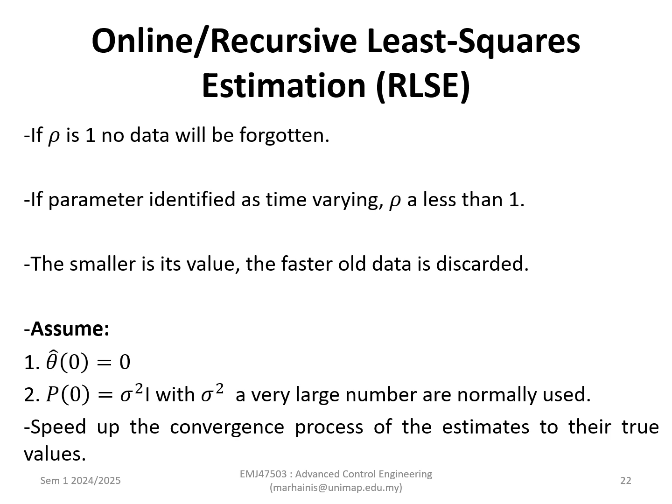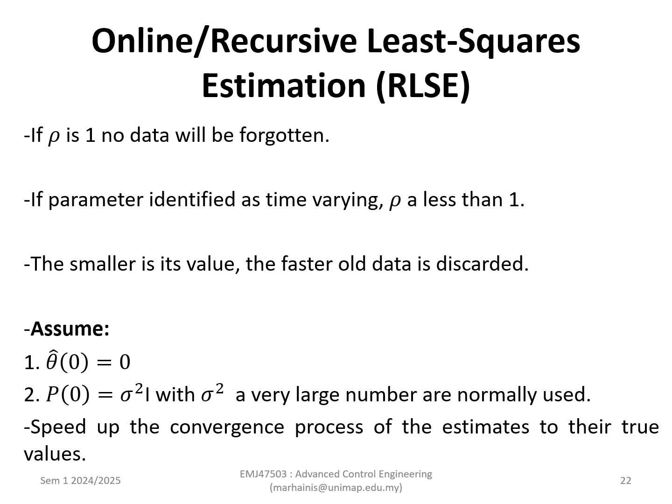We also assume theta hat 0 equals 0 and P0 equals sigma squared times identity, with sigma squared a very large number normally used. You can find it in the assignment question.